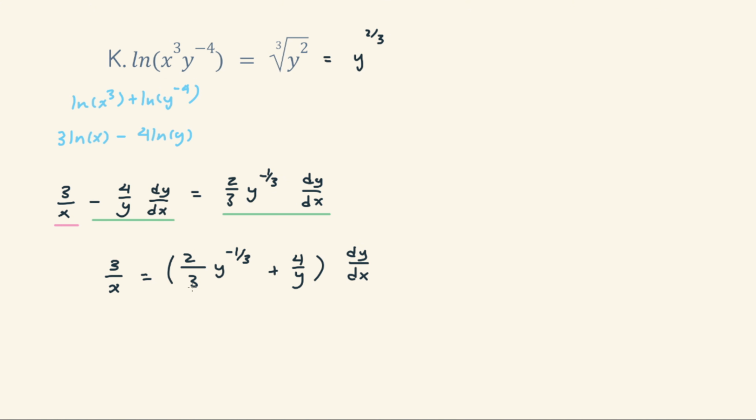And all that's left to do now is to divide both sides by this thing over here. Okay, so we've got 3 over x. Okay, maybe I'll write that as 3x to the minus 1. And that's going to be divided by 2 over 3 y to the minus 1 over 3 plus 4y to the minus 1. And that's equal to dy over dx.